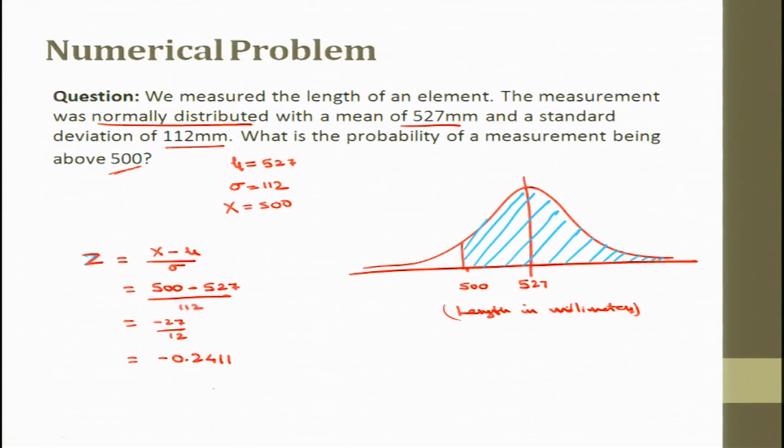Now, the probability for the random variable x greater than 500, it is not saying greater than or equal to, just greater than 500, is the same as the probability for z greater than minus 0.24, which is equal to, now where do we find this probability?